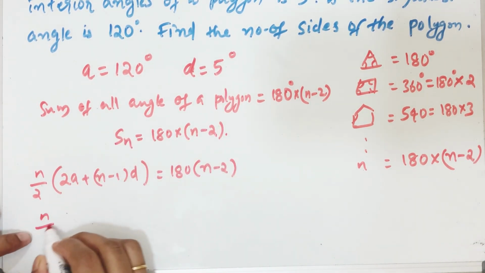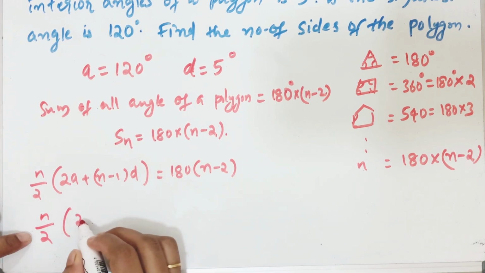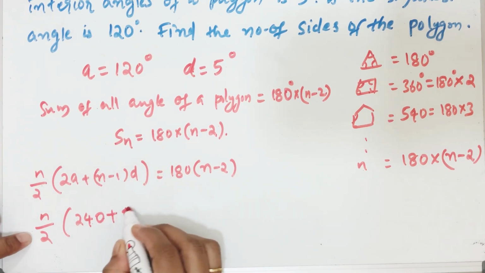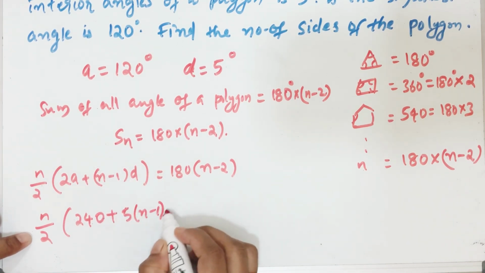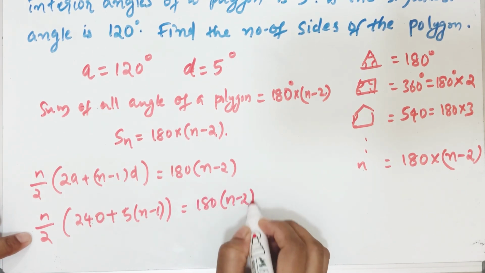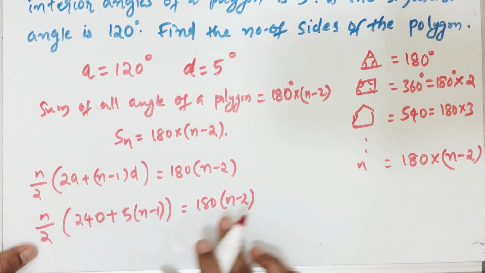That is n by 2 into 2 into 120, that is 240, plus 5 into n minus 1 equal to 180 into n minus 2. Take this 2 to this side.